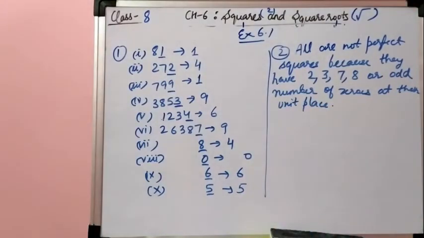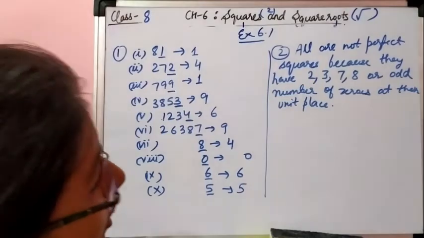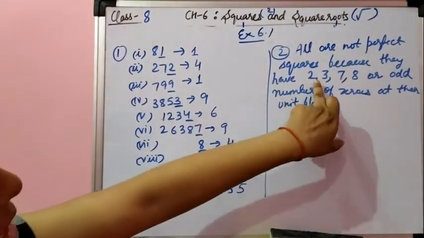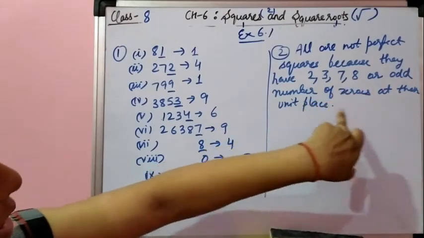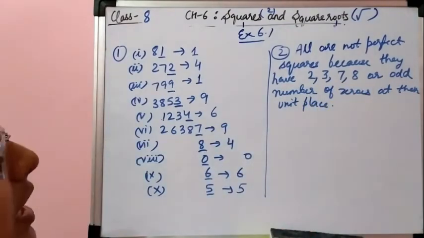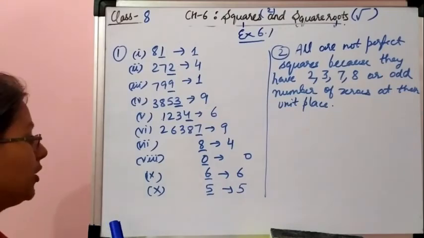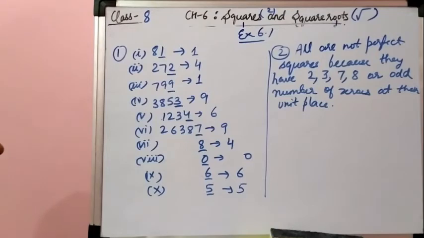Thus, they are not perfect squares, because this is one of the properties of square numbers: if any number has these digits or an odd number of zeros at the unit place, then it will not be a perfect square. Now moving to your question number 3: the squares of which of the following would be odd numbers?